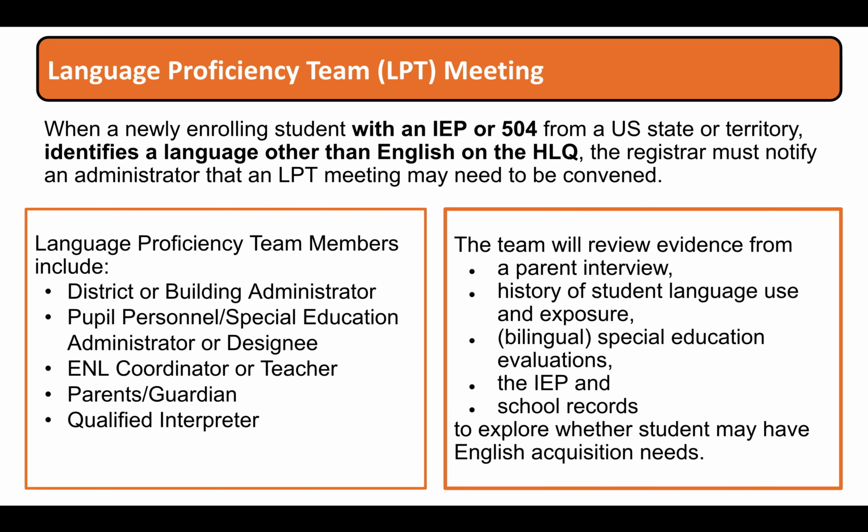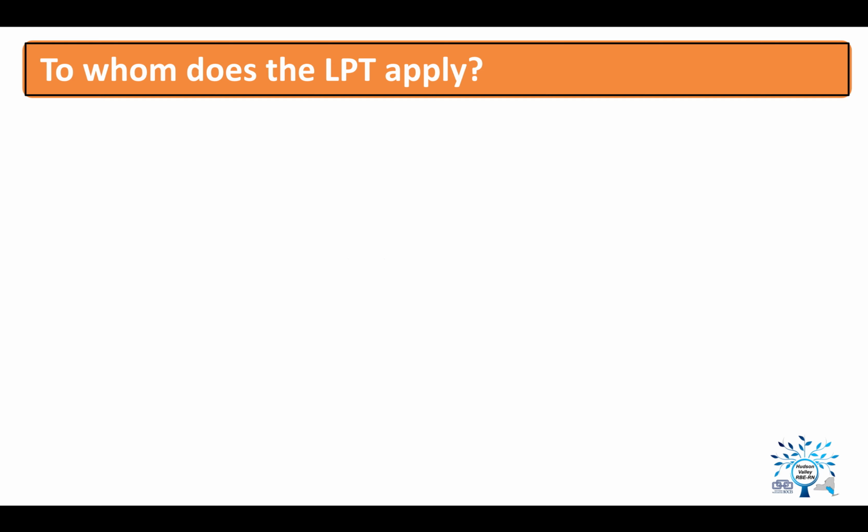And the team reviews evidence from a parent interview, the history of student language use and exposure, any special education evaluations, and remember that all students who are bilingual are entitled to a special education evaluation. You're also looking at the IEP and school records to explore whether the student may have English acquisition needs.